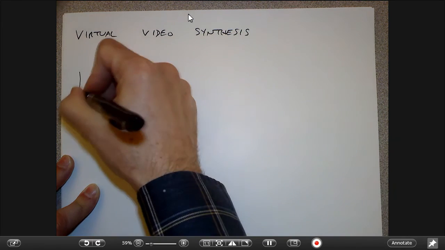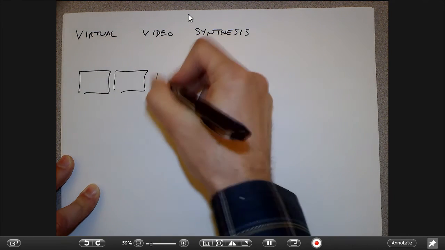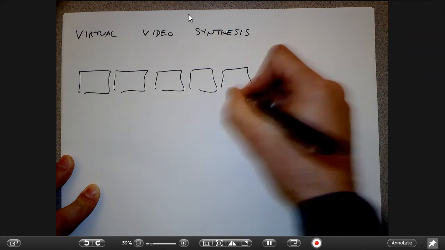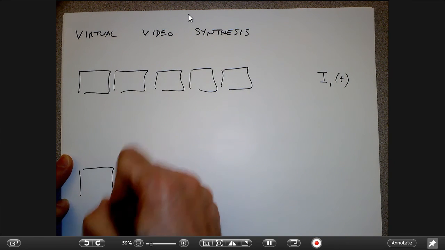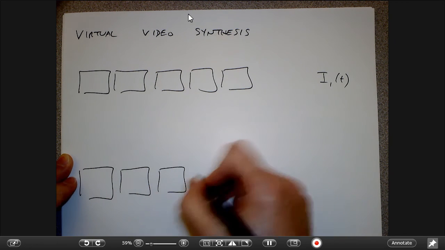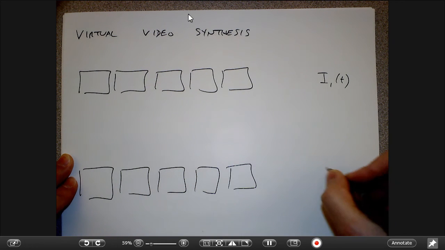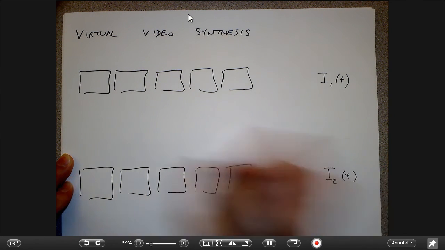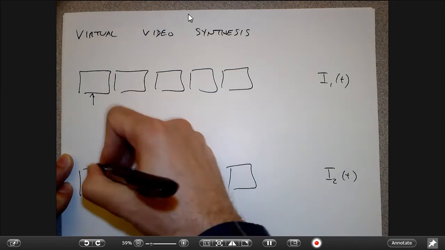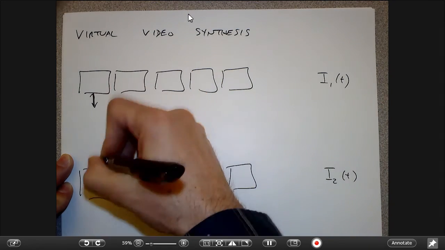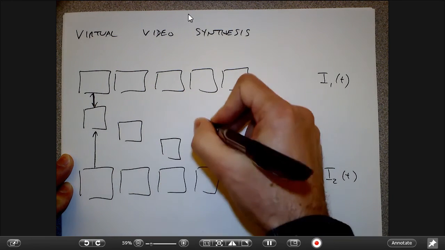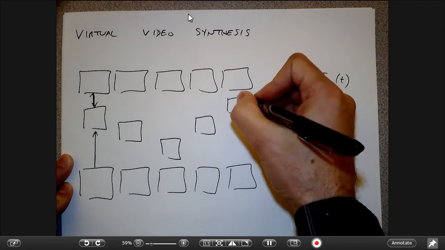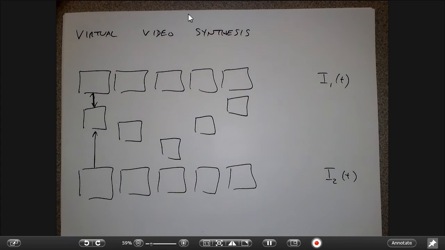So the idea is that if I have a bunch of images from one video stream and a bunch of images from another video stream, I could do all sorts of crazy effects to generate intermediate images that seem to, for example, swing back and forth between the two video sequences.